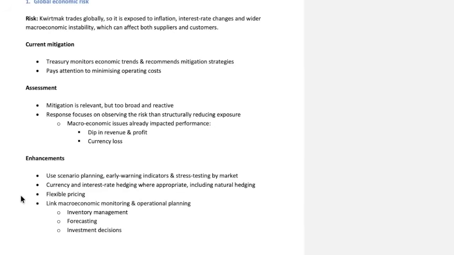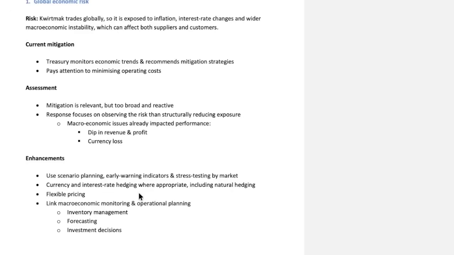And these scenario plans should be backed with early warning indicators, and we have to stress test each market in which we operate to see, if inflation rate increases by this percentage, how is it going to impact our costs as well as our margins and whatnot. These types of what-if analysis as well as scenario planning should be conducted within each of the markets we operate. And also, we have to depend on currency and interest rate hedging techniques where appropriate, which should include natural hedging. So we should have mentioned these things within the risk report.